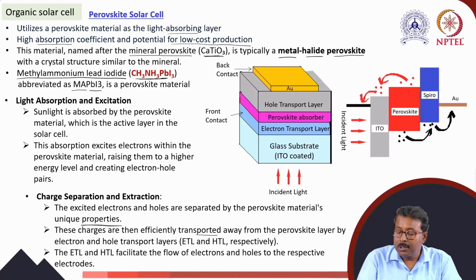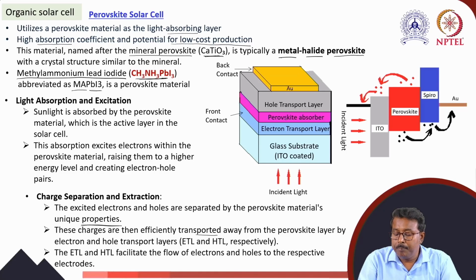Also, the interfaces between perovskite and the hole transport layer, and perovskite and the electron transport layer, are important in terms of carrier separation. If we have a thicker perovskite absorber layer, the excitons generated in the middle portion may recombine before reaching the interface between the perovskite layer and the hole transport layer or electron transport layer.